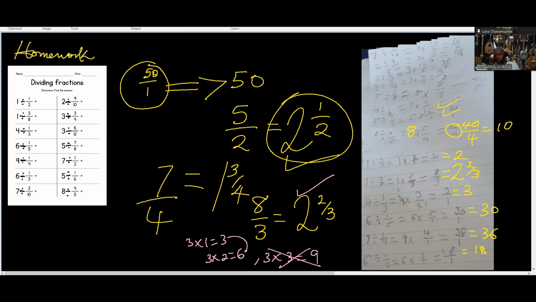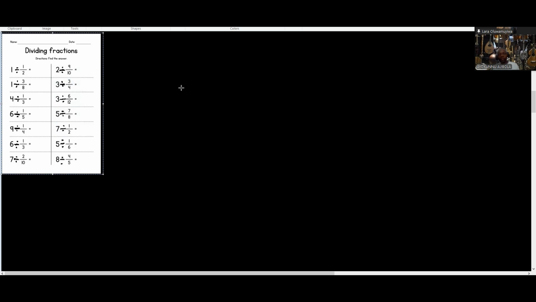We're working with this division stuff, and most of them have given us trouble. Let me cut this and put it down here. I'll quickly work on it before I give you time to write it down. So the first one, 1 divided by a half, that is 1 times 2 over 1, and that is just 2.